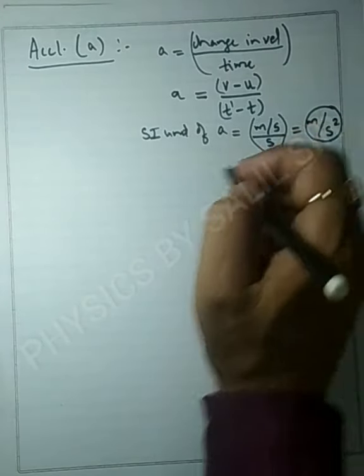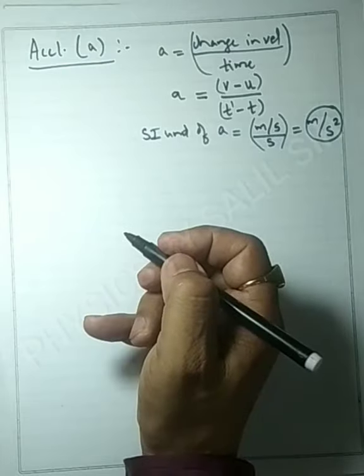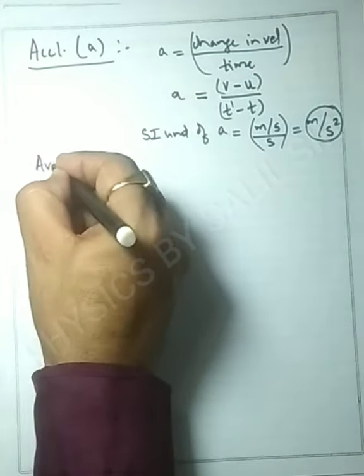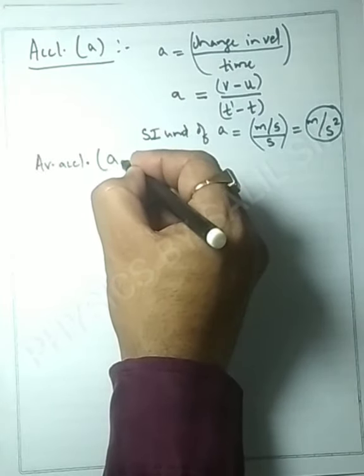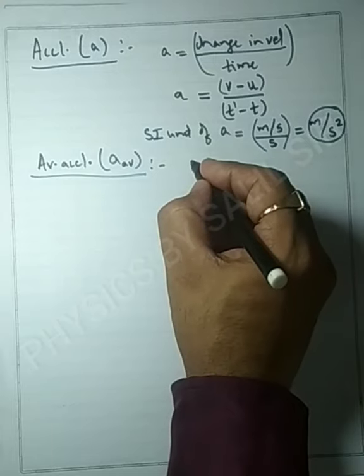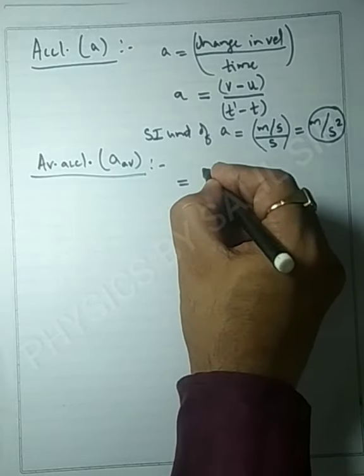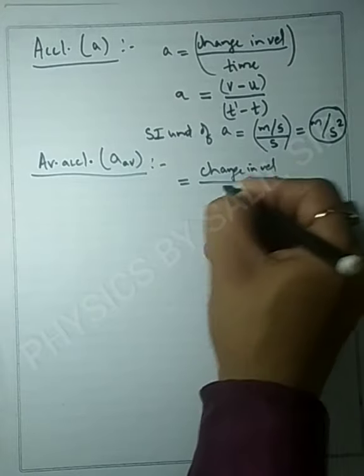I explained the average velocity and average speed. Similarly, the average acceleration, which we can represent as a average. This average acceleration is equal to the change in velocity upon time taken.